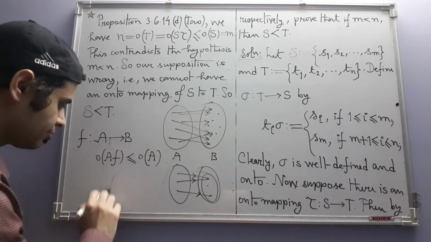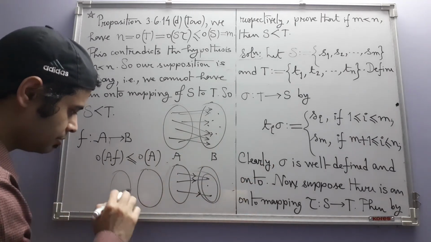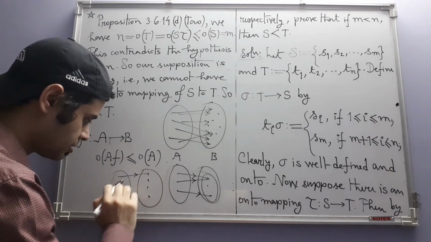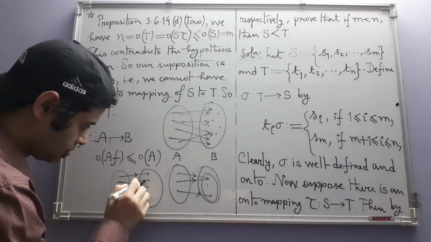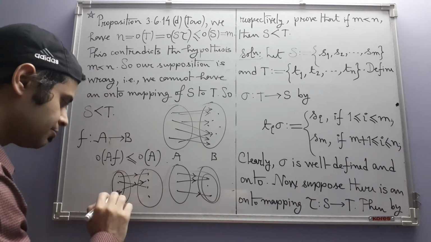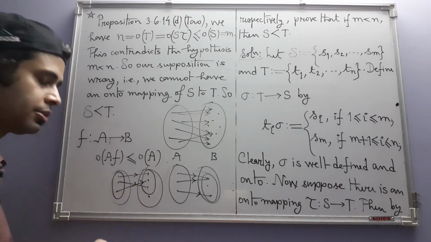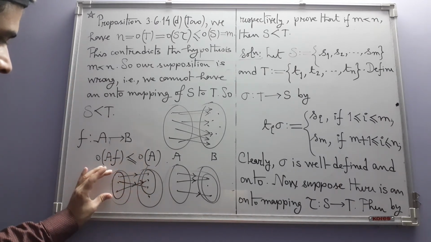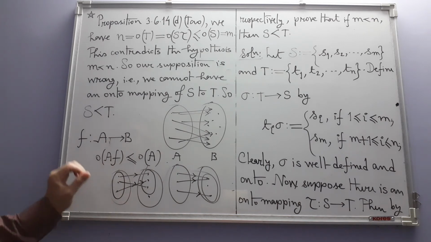Like for example, if I have a one-to-one mapping like this, then here I have started with 3 elements, I ended up with 3 elements again. So here the image set has the same size as the domain.